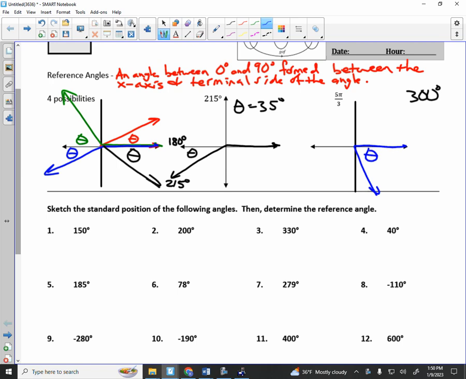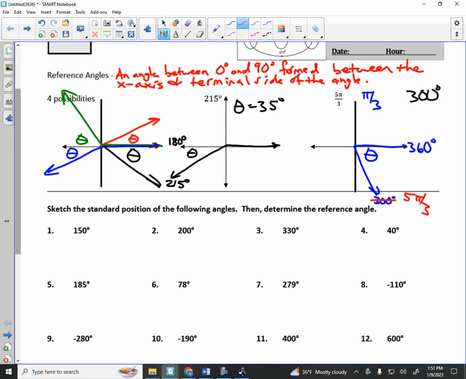We're looking for theta. So this is 300, and you'd be looking for 360. So what is the angle formed between 300 and 360? 60. You need to convert that back to radians, so it would be pi over 3. The other way to do it, if you don't want to convert it, is simply look at it like this. 300 is the same as 5 pi over 3, and 360 is the same as 2 pi.